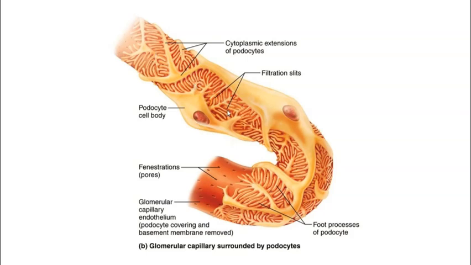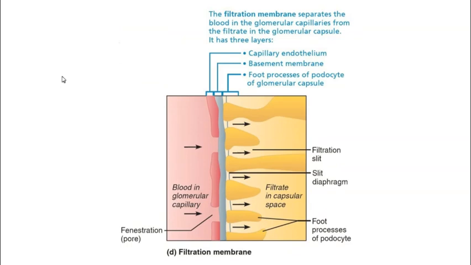So you'll see these foot processes link up, like loosely connected puzzle pieces, between two podocytes here. And there are little gaps or spaces in between the foot processes that are called the filtration slits. So the filtration slits allow fluid but not cells or proteins to pass through the filtration membrane.